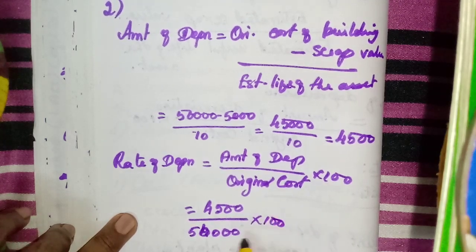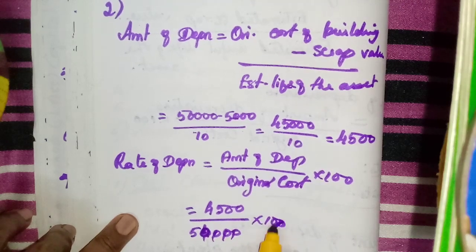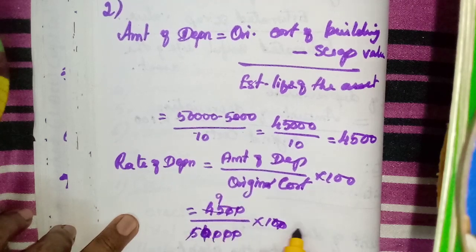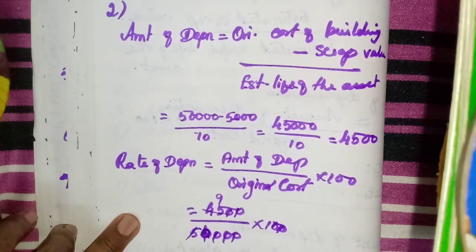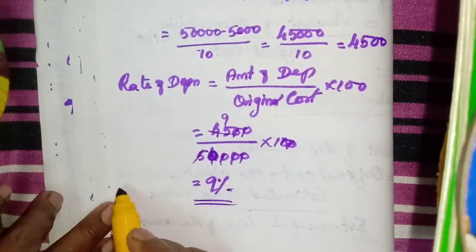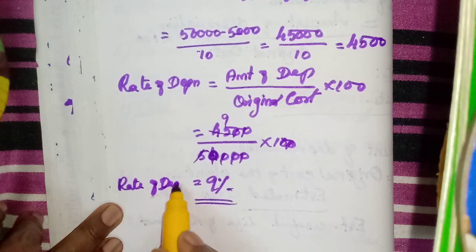Into 100. So 9%. You have to write the percentage. Here the rate of depreciation. It is very easy, but you have to do the calculation carefully.